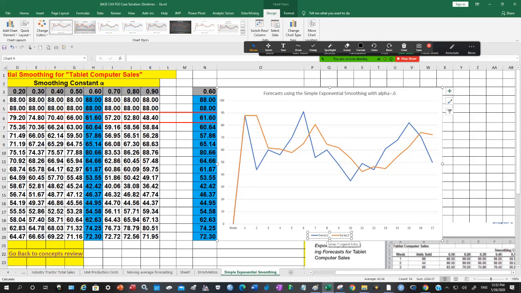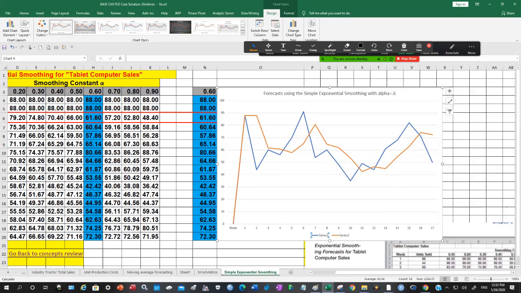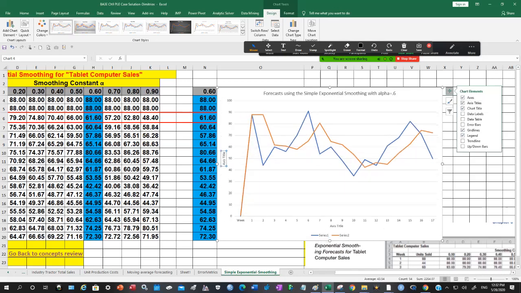And you want to change the legend. So instead of saying series 1, for blue it will say actual and the orange is the forecast. So you want to click here, go to the plus sign and give names to the titles.